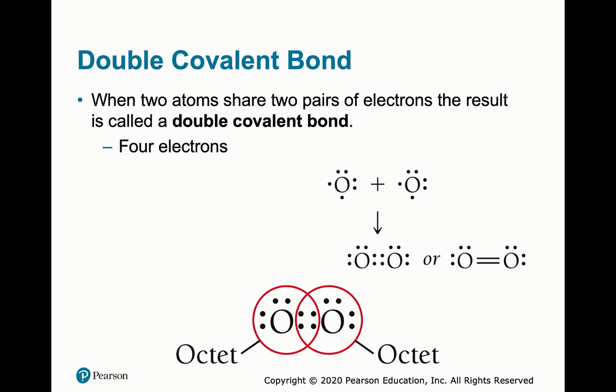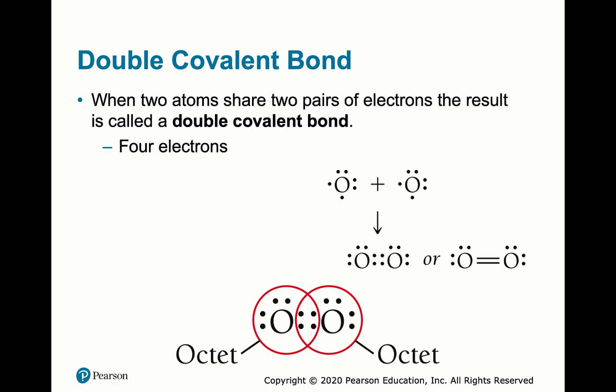If 4 electrons are shared, this is known as a double covalent bond, or simply a double bond. So 2 oxygen atoms come together to form diatomic oxygen. You can see that with the 4 electrons shared, each oxygen atom keeps 4 to itself.